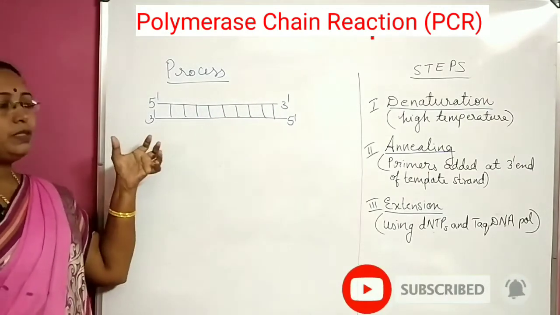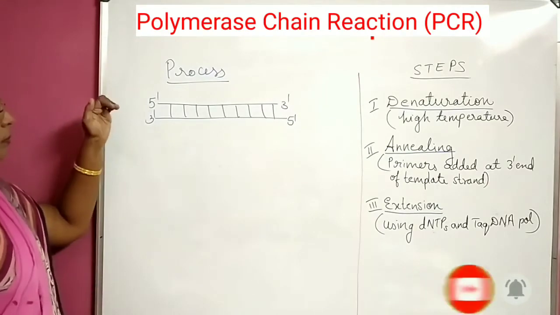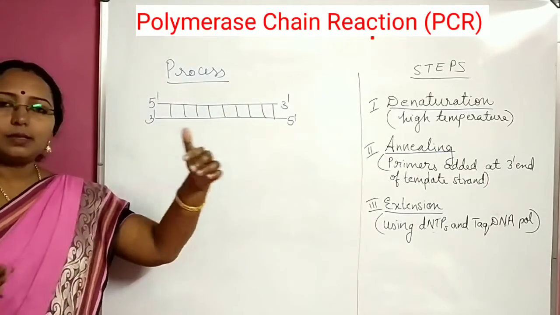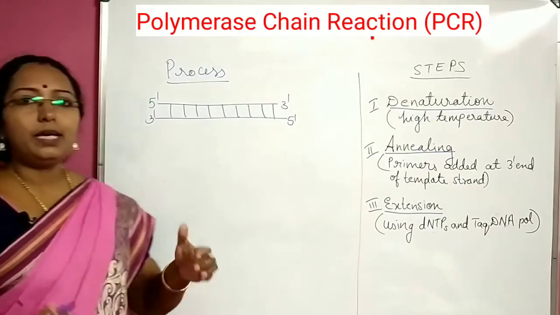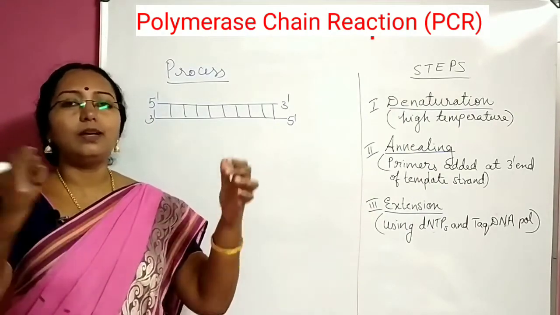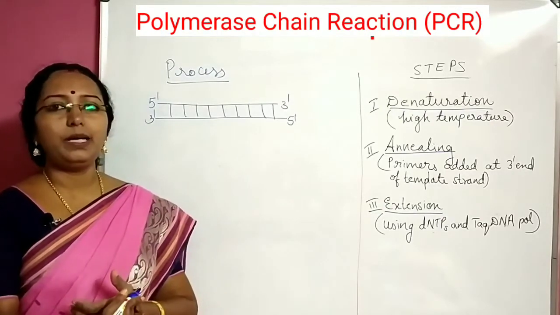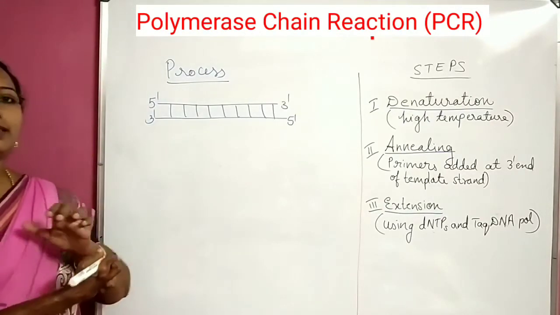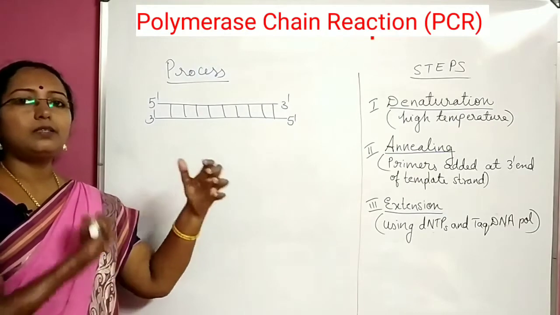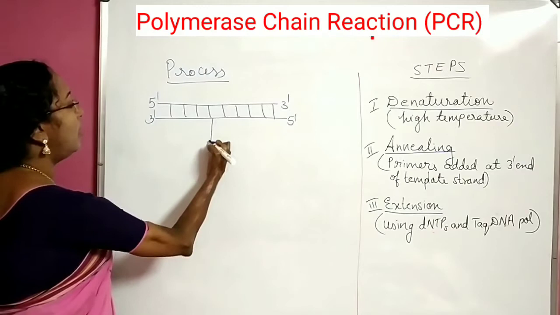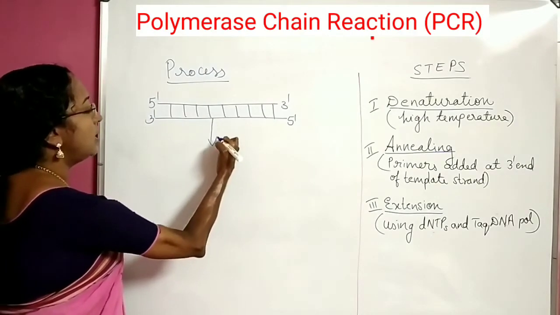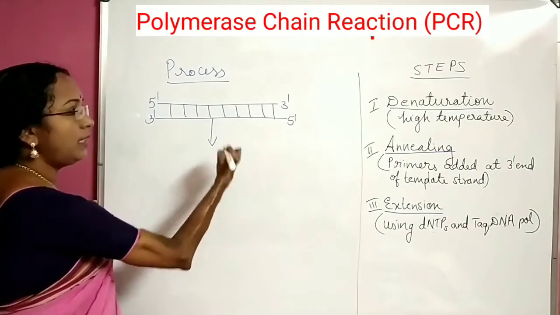The first step in DNA replication is breaking the hydrogen bonds and separating the strands. There the enzyme helicase comes and unwinds the helix. Here, there is no enzyme in PCR to unwind the helix. Instead, the helix is unwound by subjecting the DNA template to very high temperature.